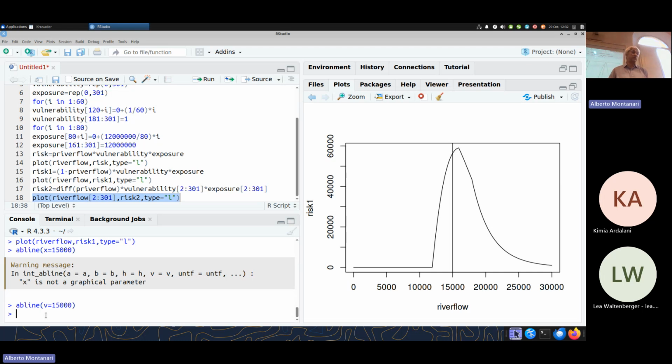Let's suppose you decide to build an infrastructure like a retention basin or a dam for floods, and after a river flow of 15,000, this infrastructure becomes ineffective. So it is ineffective for all the higher flows, and therefore you are interested in the probability of exceedance of any higher flow. Then you refer to this graph. This is typically what we use.